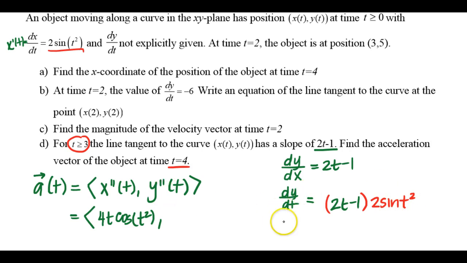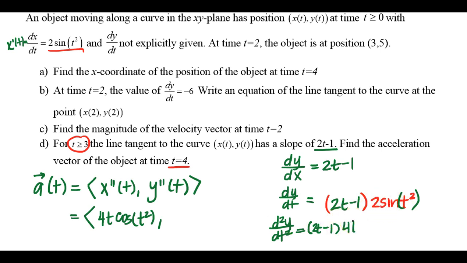So I do need to take the derivative of that because I want y double prime of t right now. So that means the second derivative with respect to t, well, that's going to require a product rule. So 2t minus 1, the derivative of this, so I should be careful, this needs parentheses, that's going to be our chain rule again. We just did that.